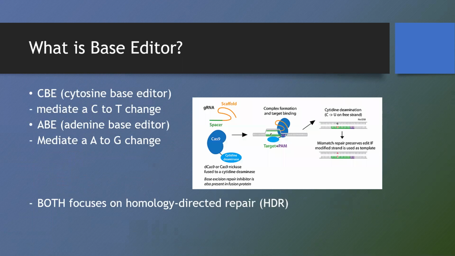Another explanation begins. Base editors have two classes, CBE, cytosine base editor, and ABE, adenine base editor. They mediate a C to T change and an A to G change, respectively. Instead of breaking a large section of DNA, they center on a single base, rather than relying on homology-directed repair.